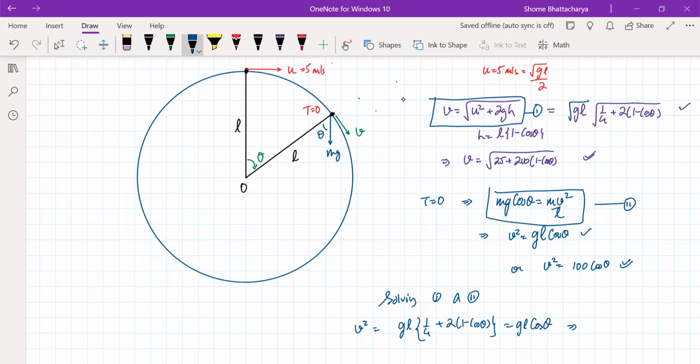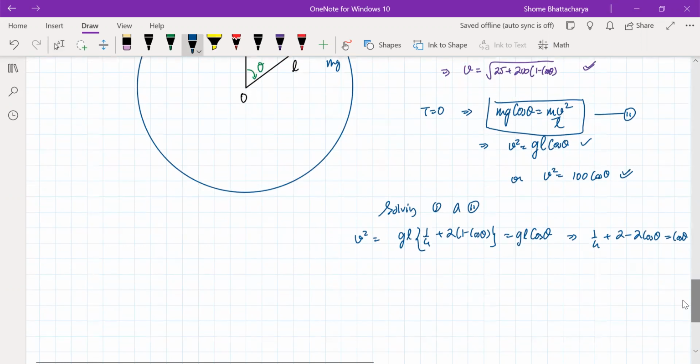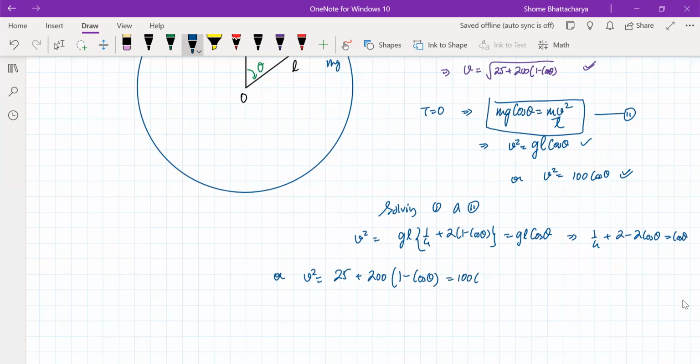So ultimately, we are solving this equation: 1 by 4 plus 2 minus 2 cos theta is equal to cos theta. Or if we are solving numerically, we can say that V square from the above equation is 25 plus 200 into 1 minus cos theta. From the below equation, that is 100 cos theta.